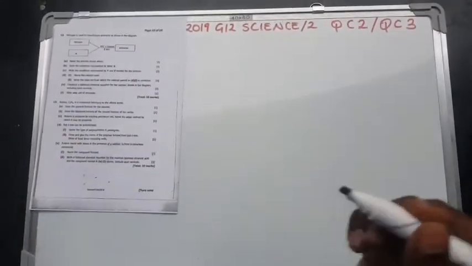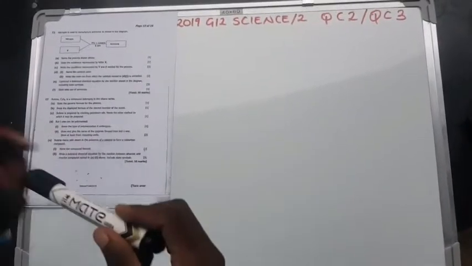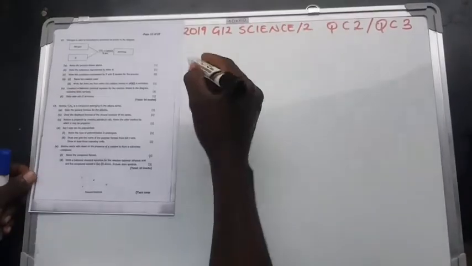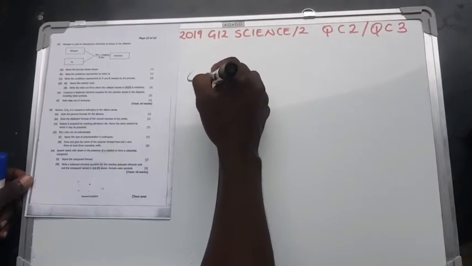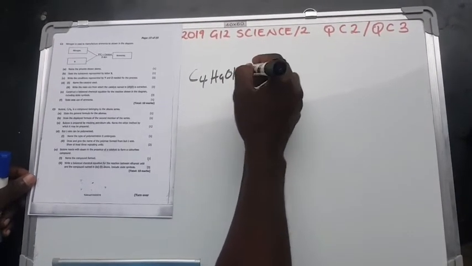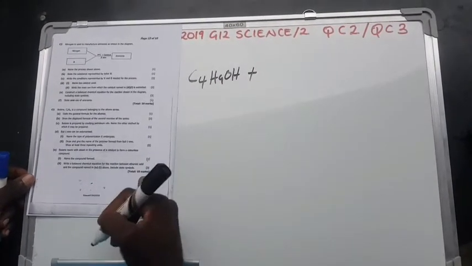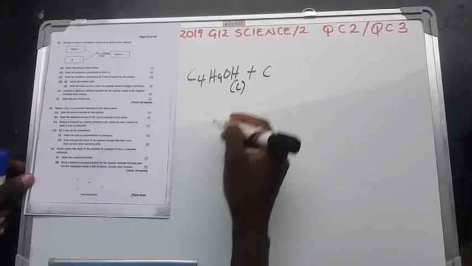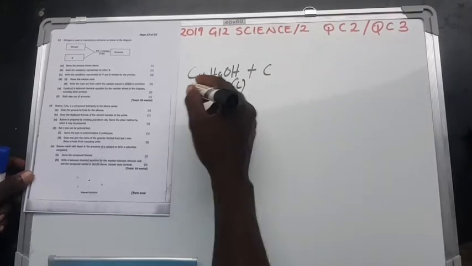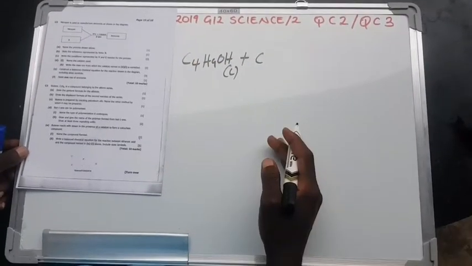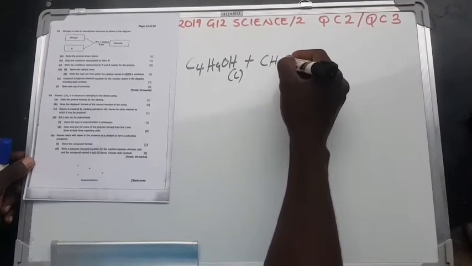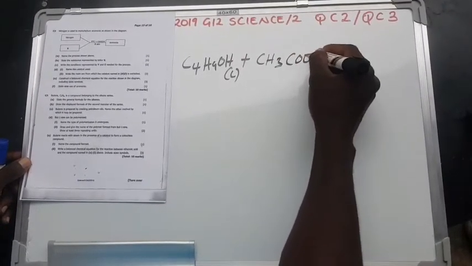So now we've got butanol, a liquid, reacting with the ethanoic acid.